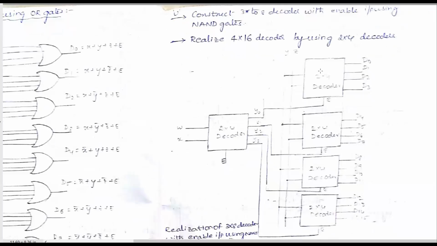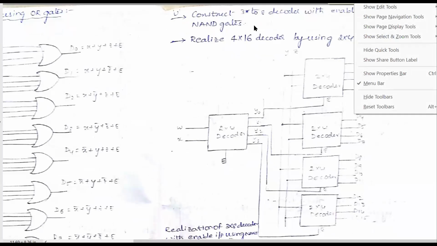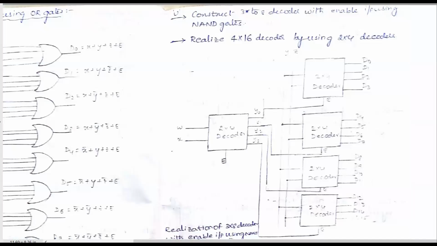You can see here, I have taken 4 2x4 decoders as one stage and 1 2x4 decoder in the first stage. In the 4 to 16 decoder, we are having 4 input lines.